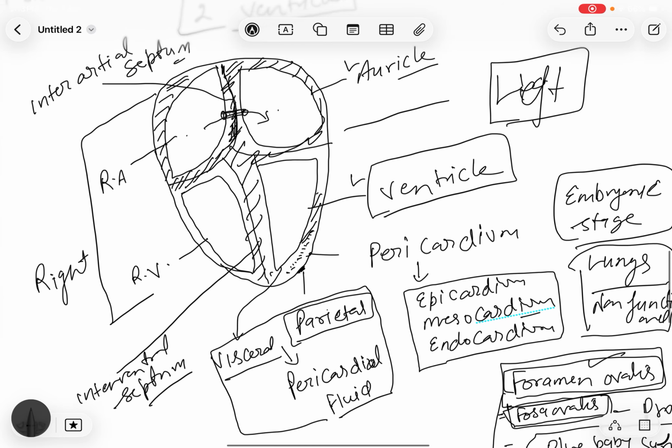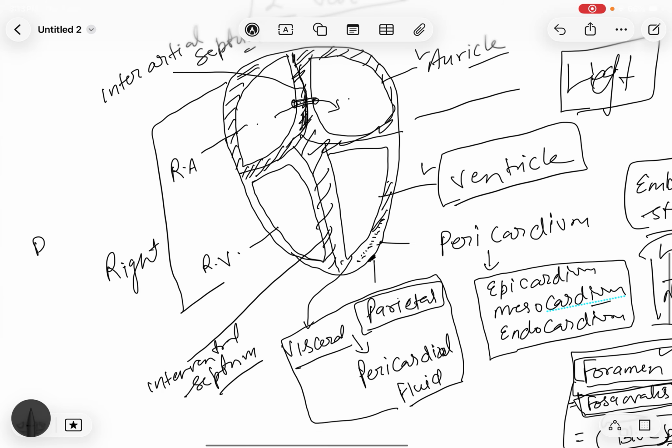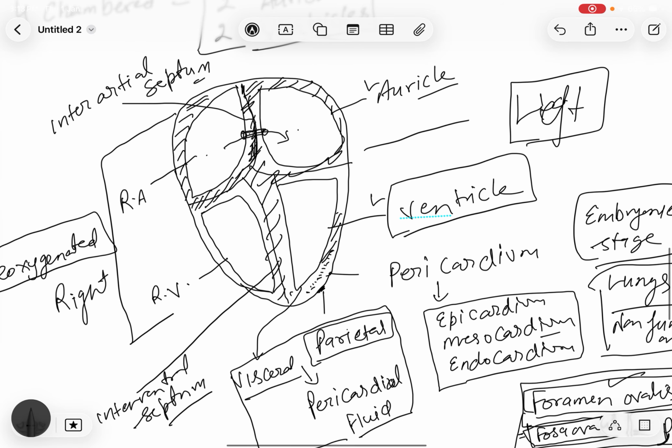Now, the right side has deoxygenated blood, and the left side of the heart has oxygenated blood.